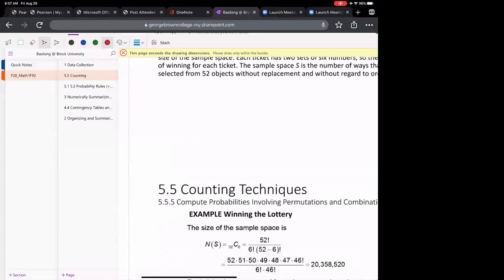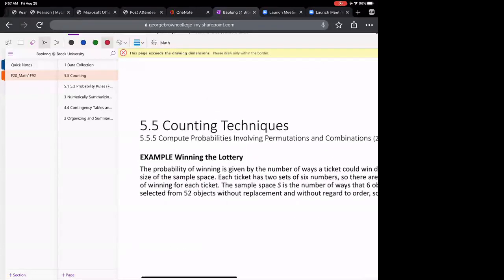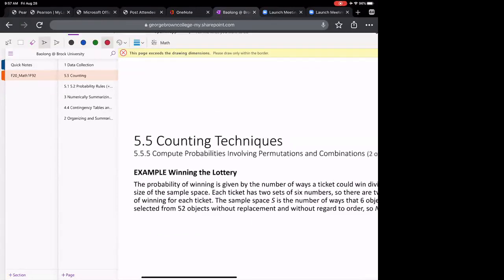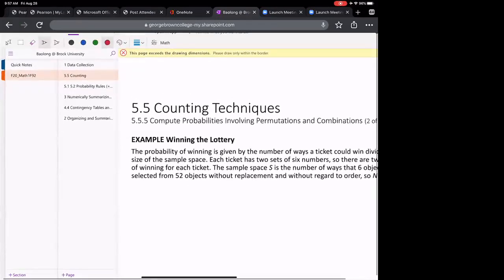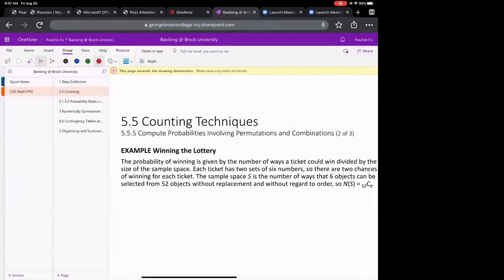This is the lottery problem. Next, we take a complicated example about a lottery. The probability of winning is given by the number of ways a ticket could win divided by the size of the sample space.